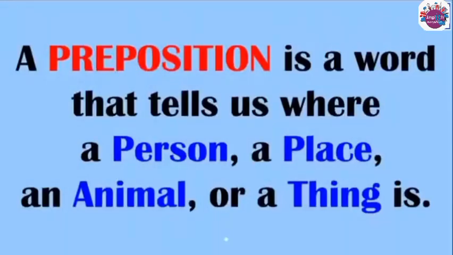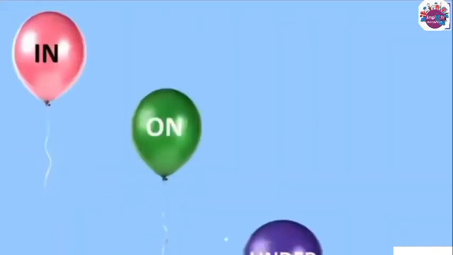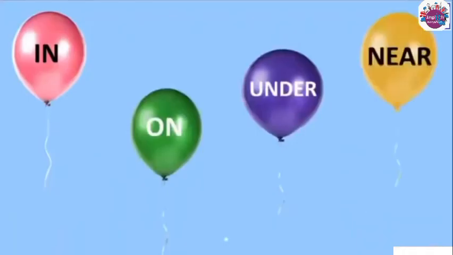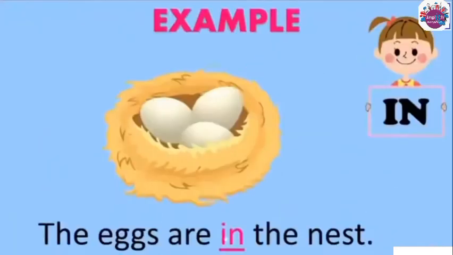Like this, we can see the position of a particular thing or a person, where it is. As I told you, in this video, we will be discussing in, on, under, and near. So I'll talk about in first.